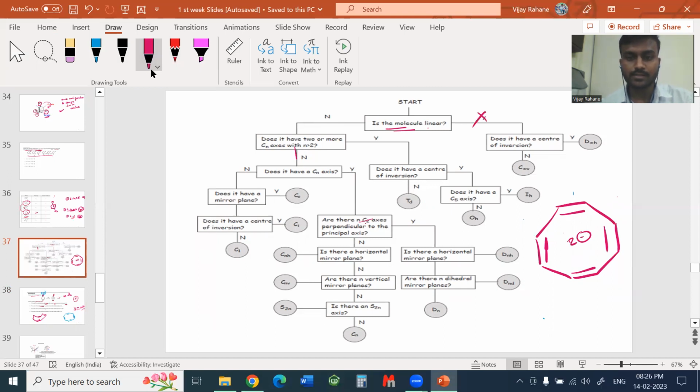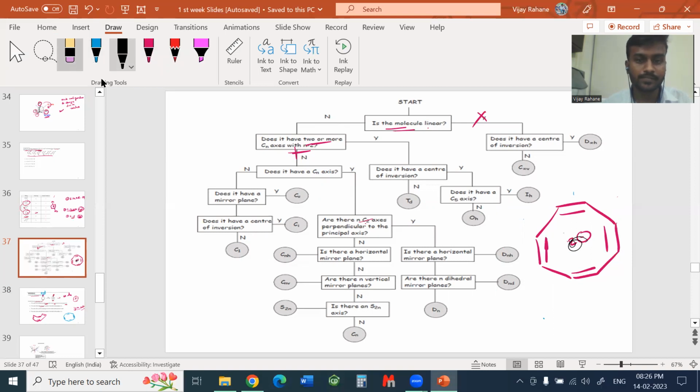It is non-linear, and here, does it have two or more C_n axes with n greater than 2? It's having one axis, right? Not more.